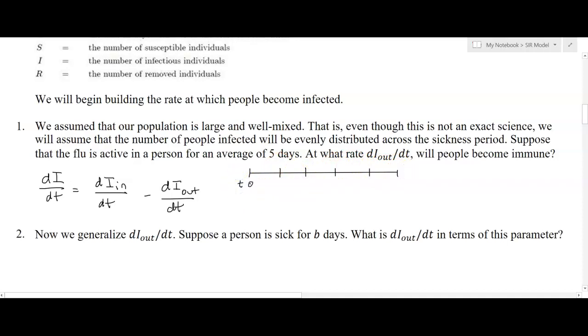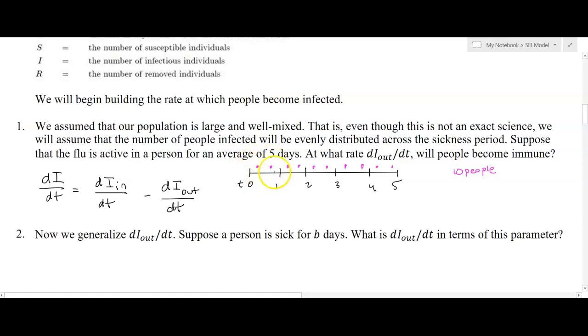If I have 10 people in my population, then by assumption there are 2 people within each of these 5 periods. If I have 10 people who are infected, because the population is large and well mixed, it makes sense to assume that 1/5 of the population is in each of these stages.